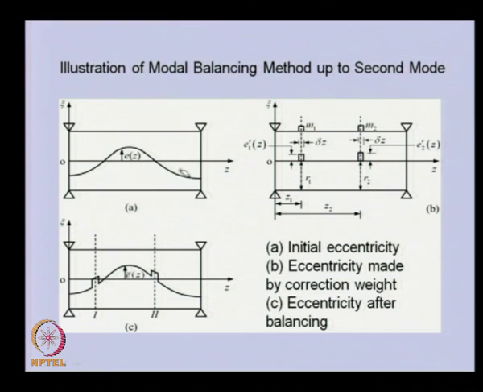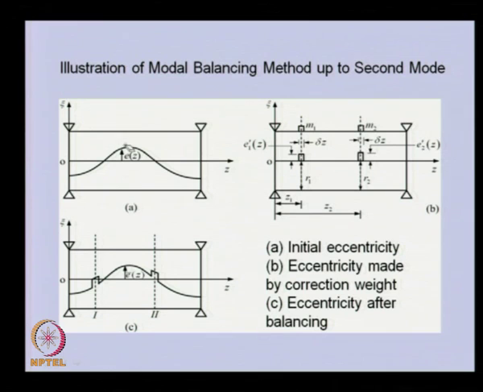Actually, we need to find it out, and based on this we need to balance the rotor up to the second critical speed, because finding exactly what the eccentricity variation is will be very difficult. So we will be focusing mainly on the first few critical speeds, because they are important and dangerous, since normally the rotors operate in that range.